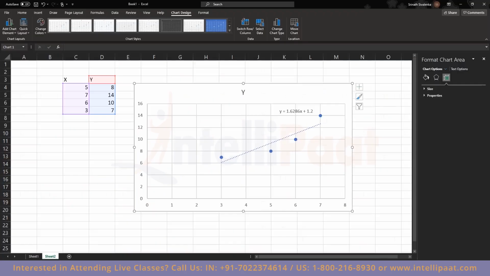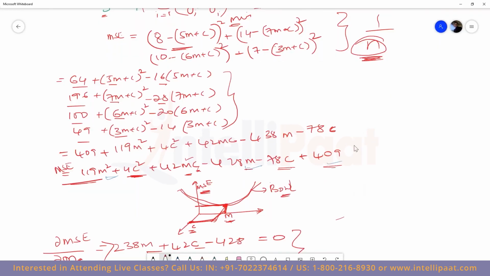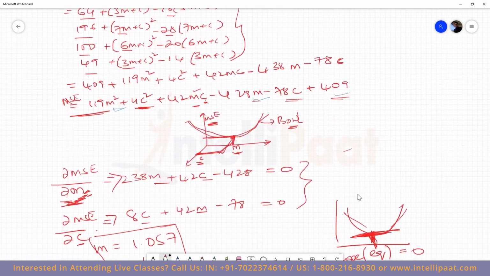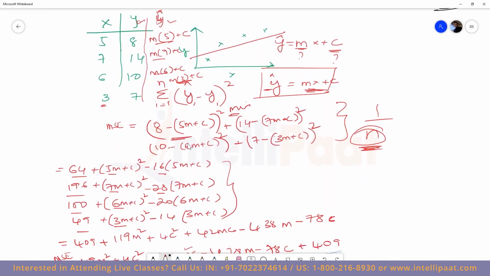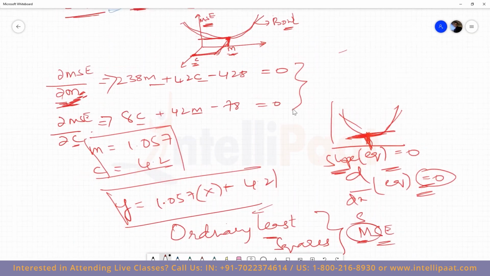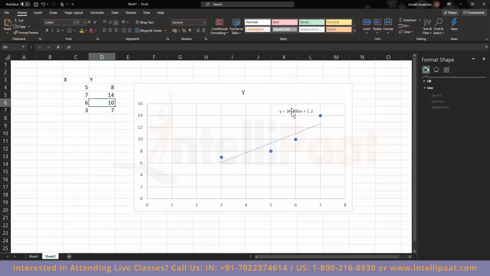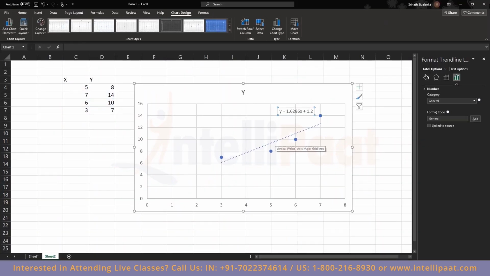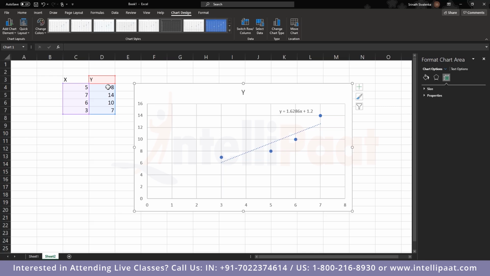I wonder why. Let me just try to understand this. Did we make a mistake somewhere? Can I show the formula you used once again? Which formula are you talking about? This one? 1.6286 plus 1.2. Yeah, maybe it's a slightly different value. Let me make one small change.